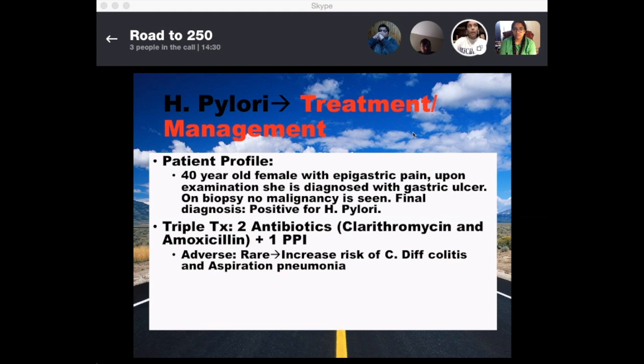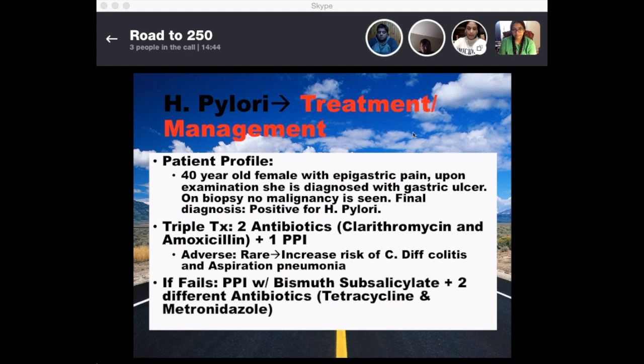However, does anybody know if this initial therapy fails, what could be the secondary therapy? Tetracycline, metronidazole, and bismuth. Exactly. So if it fails, you can do the proton pump inhibitor with bismuth subsalicylate and 2 different antibiotics, tetracycline and metronidazole.